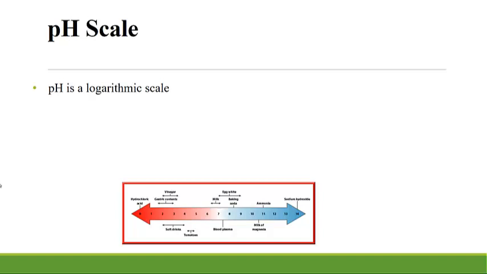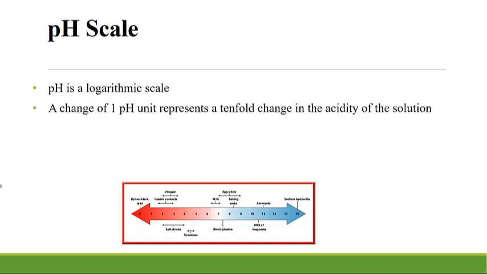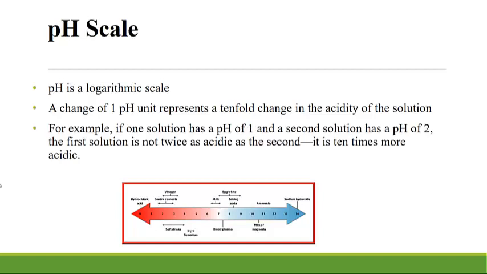The thing about pH is it's what we consider to be a logarithmic scale. If you remember anything about logs from math class, logs are based on a change in 10. So a change in 1 pH unit represents a 10-fold change in the acidity of a solution. This means that if a solution has a pH of 1 and a second solution has a pH of 2, the pH of 1 has 10 times more hydrogen ion concentration than the 2 does.